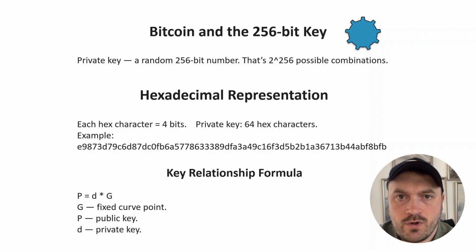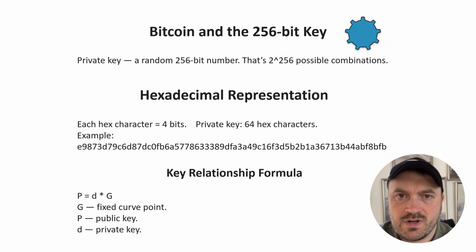What does a Bitcoin private key look like? To make it easier for humans and computers to work with these bits, they are written in hexadecimal, that is, using digits from 0 to 9 and letters from A to F. Each such hexadecimal character represents 4 bits.